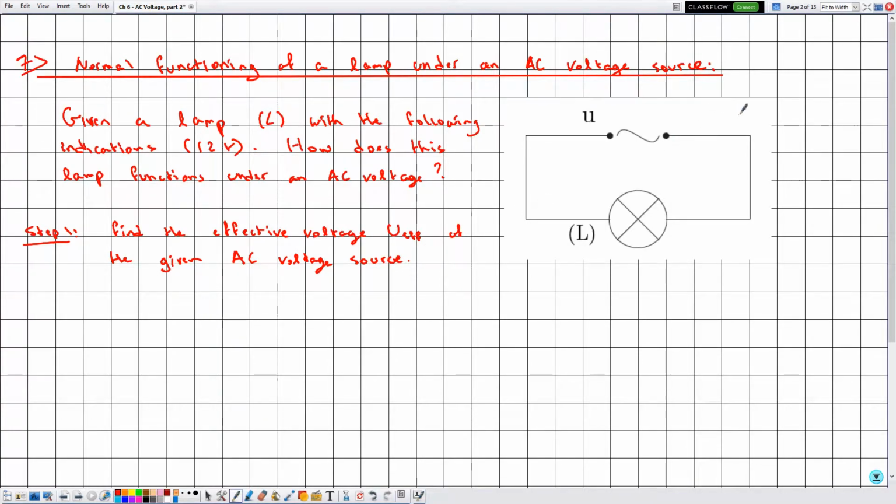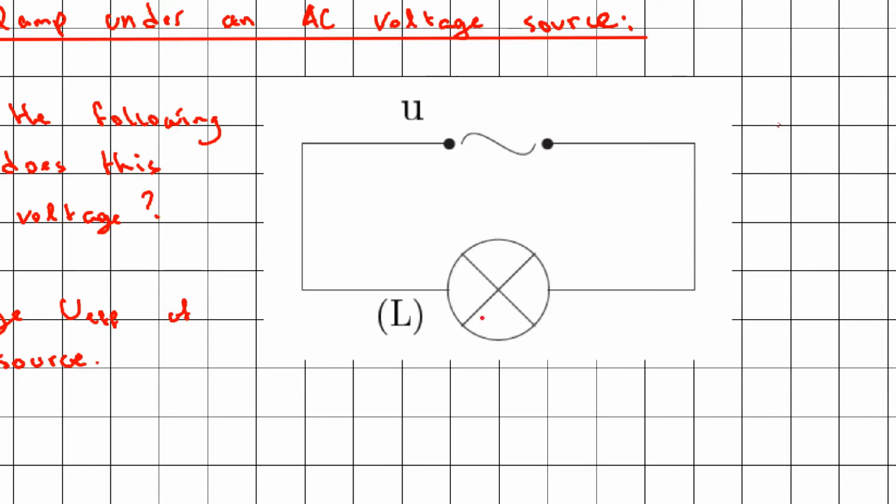The first thing to do is to determine U effective, and we have seen previously how to determine it. First we determine UM from the oscilloscope, then U effective is related to UM in the case of an AC sinusoidal voltage source by square root of 2.